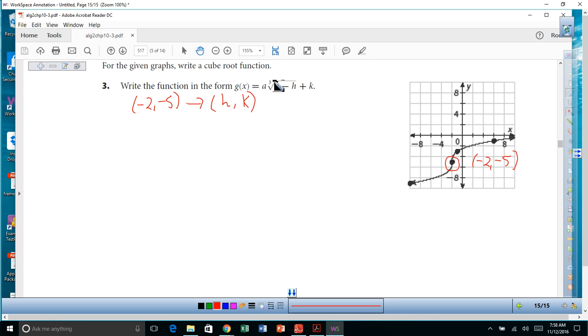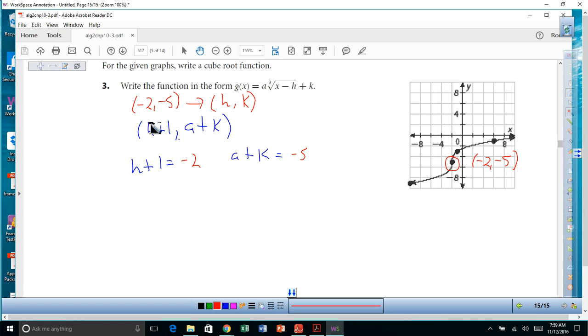So this -2, -5, that is your h, k. Now, which formula are we going to use for this? We've got h plus 1, and we have a plus k, right? So let's split this up. h plus 1 equals -2, and a plus k equals -5.